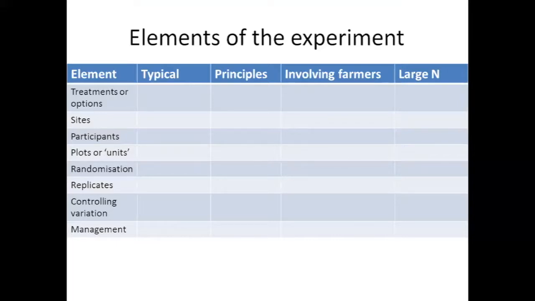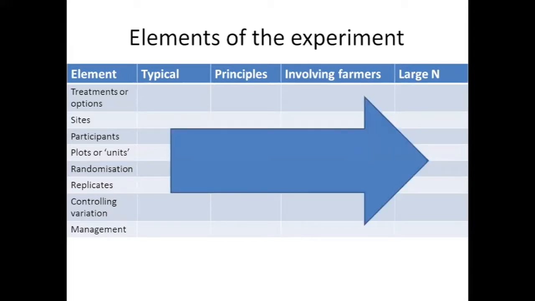And then I tried to explain how the principles need amending or adding to when we're particularly involving farmers in more stages of the research, and why the principles need adding or amending when we're thinking about large N trials. That means trials which are done at very many sites or involving a large number of participants.